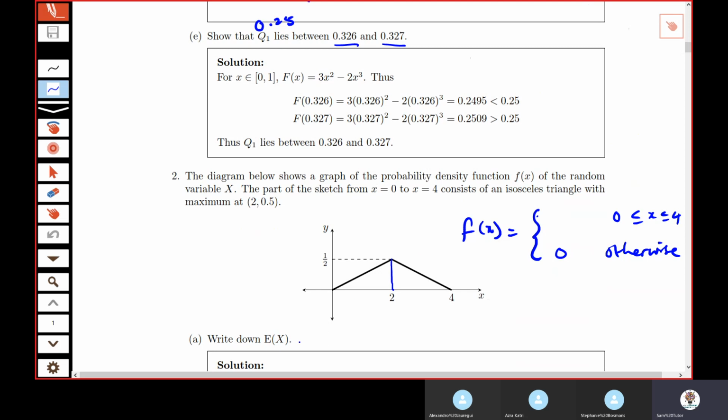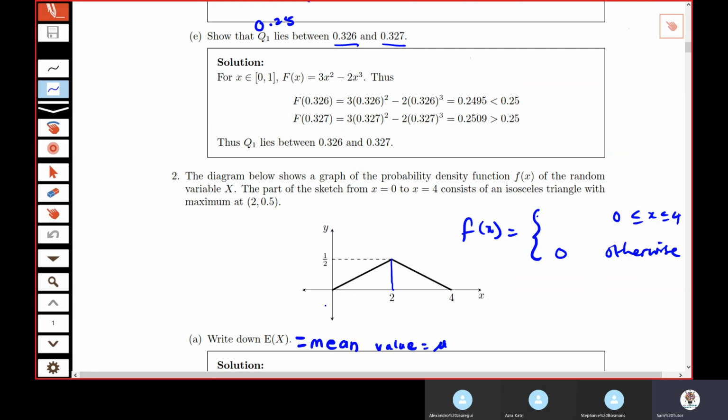Write down E of x. What does E of x stand for again? Expected value. Yes, which you would be finding the mean value as well. Mu, correct. So mu, the mean value, the expected value.